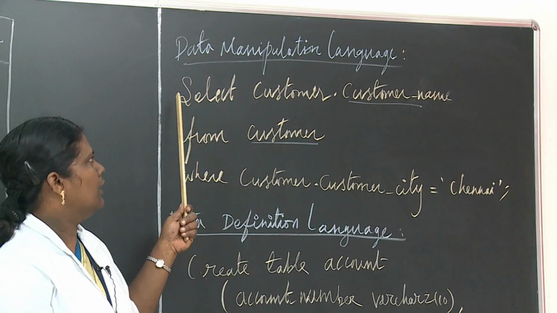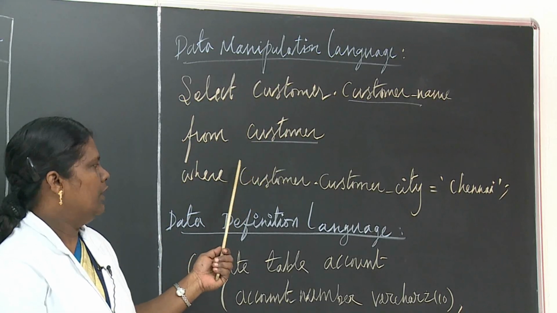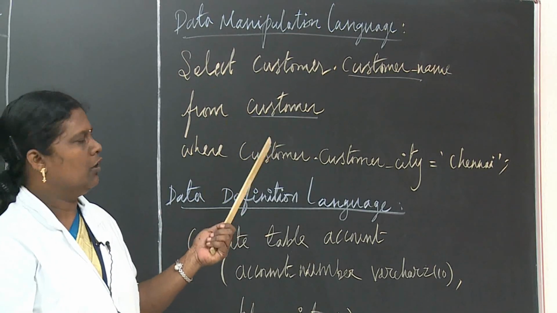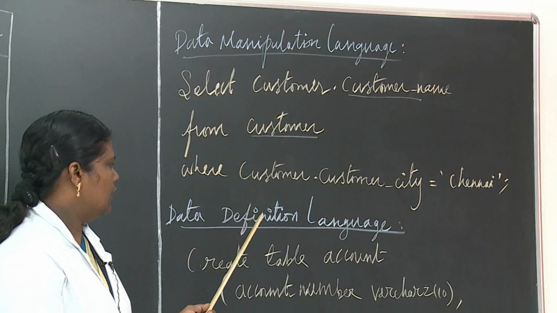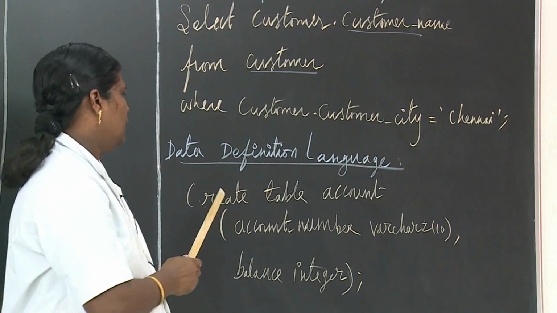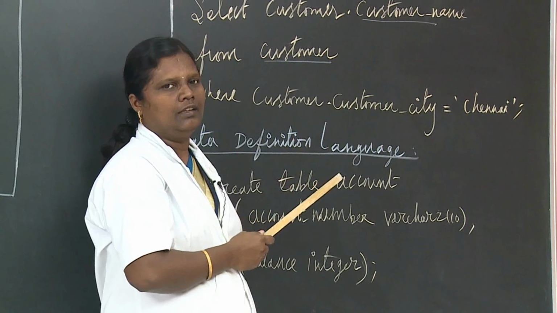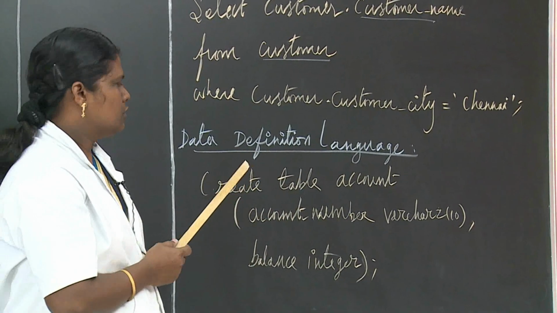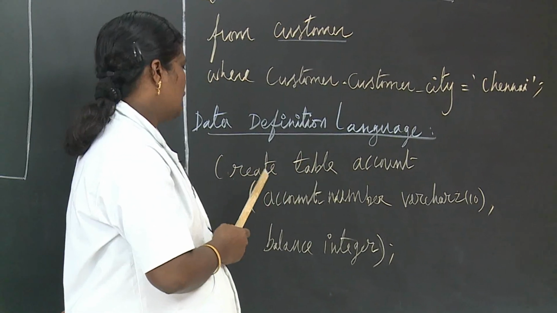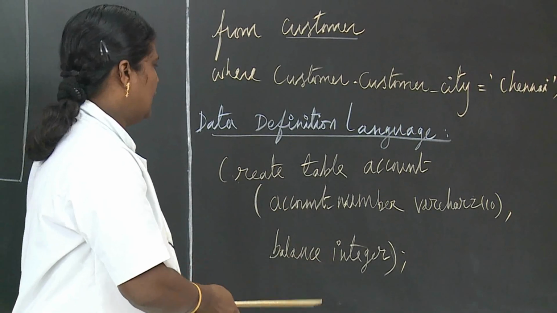This is the data manipulation language, providing the facility to extract a particular column from the database. In the same way, here is one more example under the data definition language, which is used to define or design the database. Designing the database includes using a command like create table.